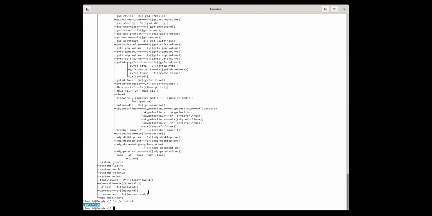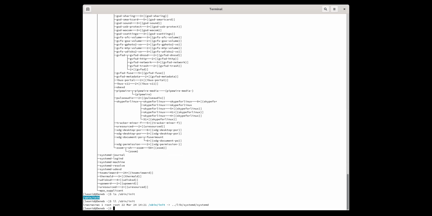But as you can see, it is now a symlink. So it is not init. In modern Linux systems, it is called systemd. And this process received the process ID of 1.